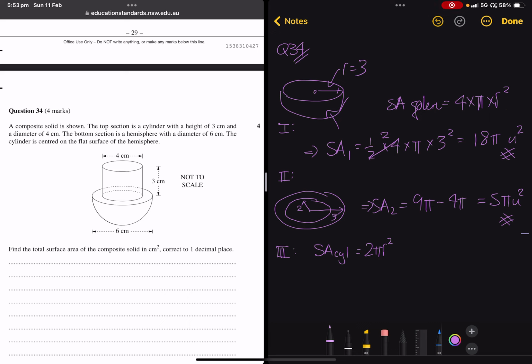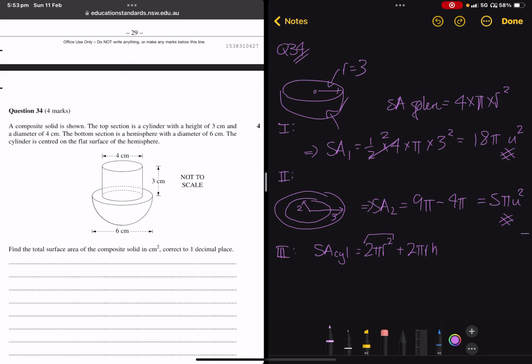That's why there's two of them, plus 2 pi r h. The 2 pi r h is the bit around the outside. This is for the two circles, and this is for the rectangular bit that goes around the outside. If you unwrapped the outside of a cylinder, it would be a rectangle.